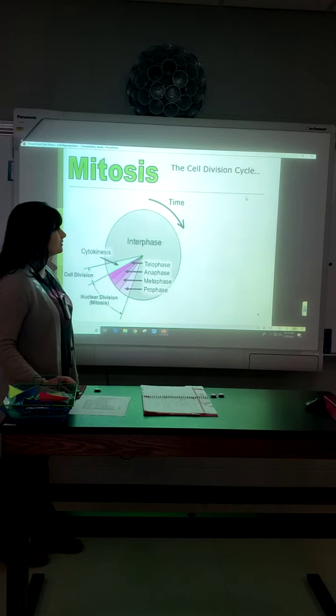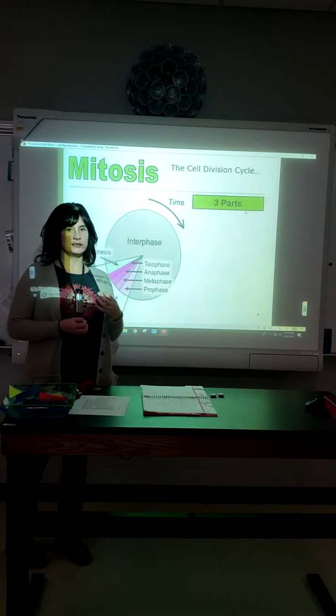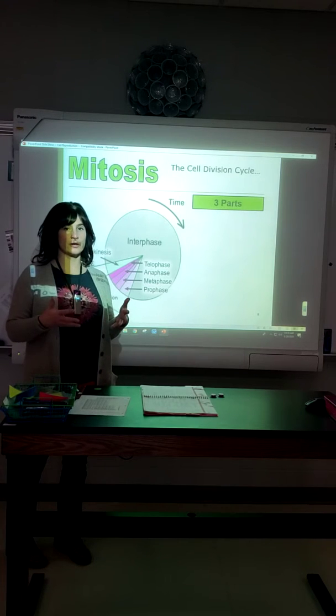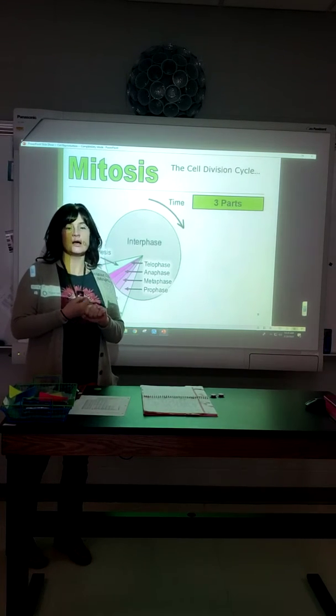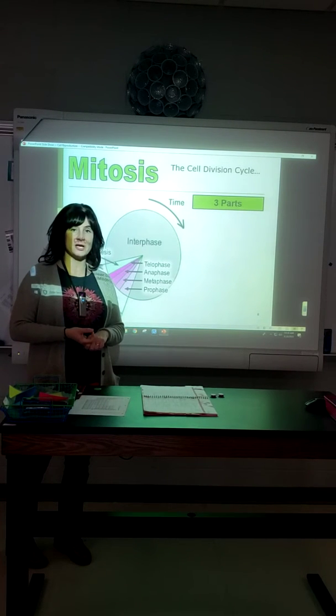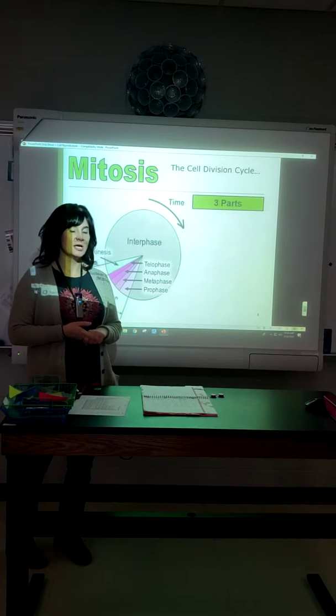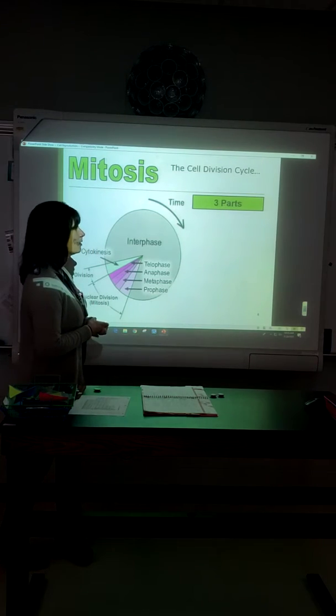So this is the cell division cycle for mitosis. Remember, mitosis is done by all organisms for growth, repair, and replacement of cells, and by a special group of organisms for reproduction with asexual reproduction. We'll get into that a little more later today or tomorrow.